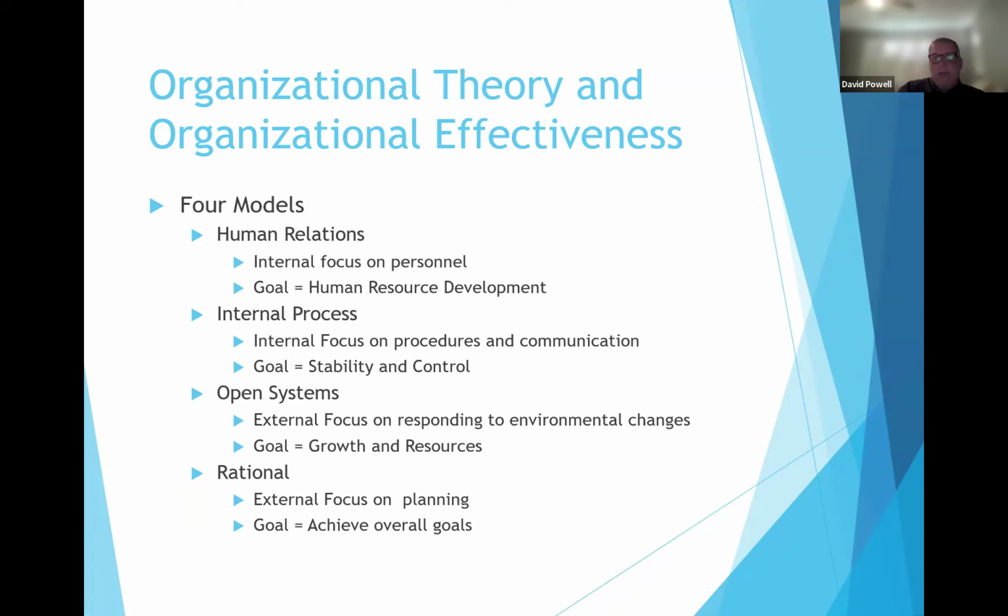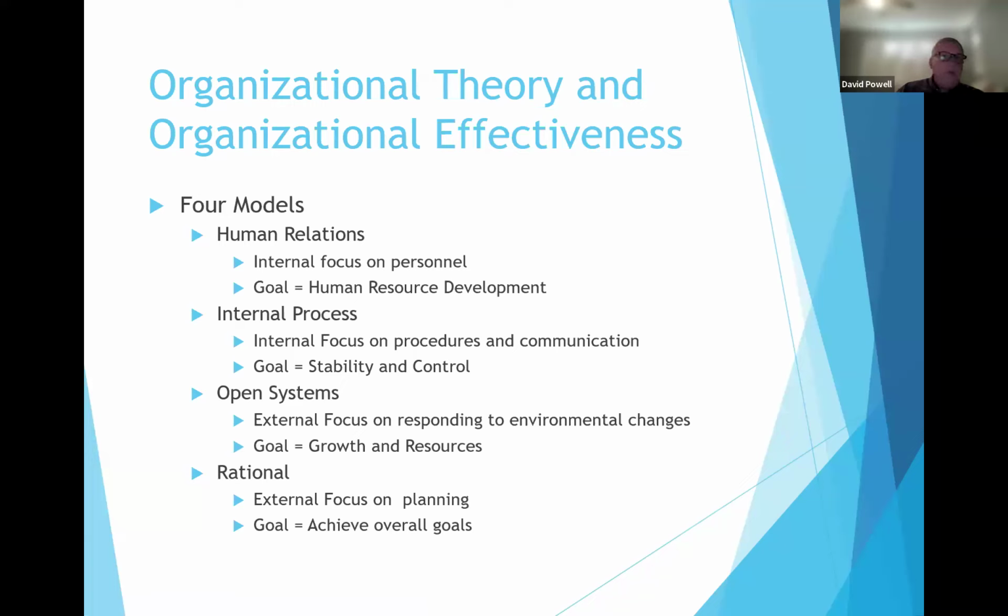Above that, in the top right-hand cell, you have what's called the open systems model. Sometimes it's referred to as the systems resource model. In this open systems type of model, organizations must be adaptive to their environment. They must be very flexible to adapt to changes in the environment.